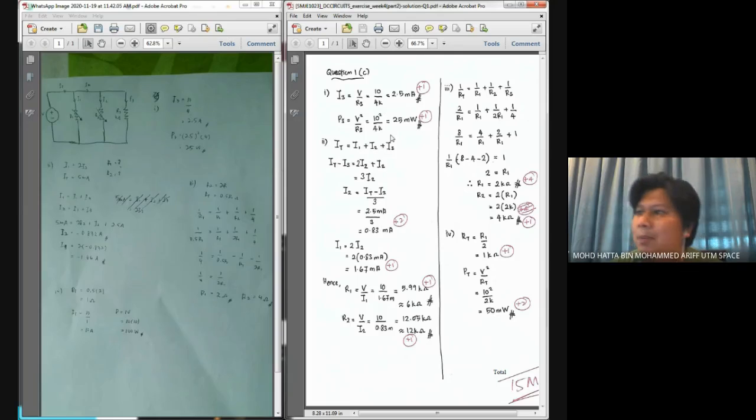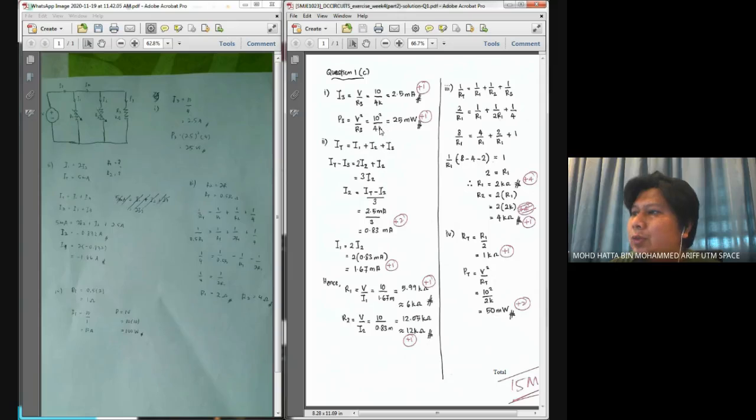Okay, for power, Mohammed used I to calculate the power at R3. So sorry, power at R3, and here I use voltage, because I know that the voltage across all these 3 resistors should be the same, and therefore the voltage drop across R3 is also 10 volts.